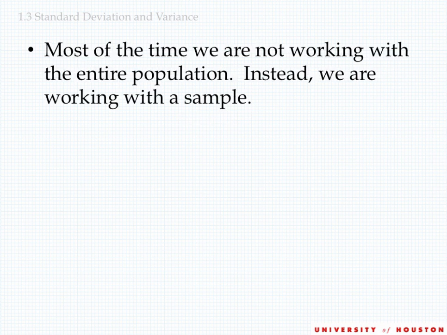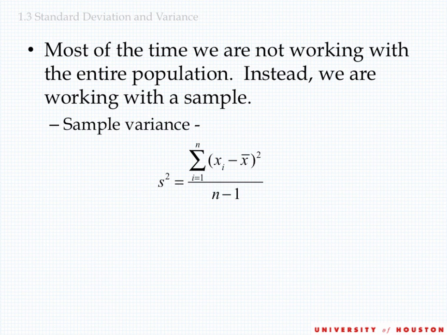Most of the time, we are not working with the entire population. Instead, we're working with a sample. The sample variance formula looks very similar to the population variance formula. However, instead of subtracting the population mean, mu, from each data value, we subtract the sample mean, x bar.